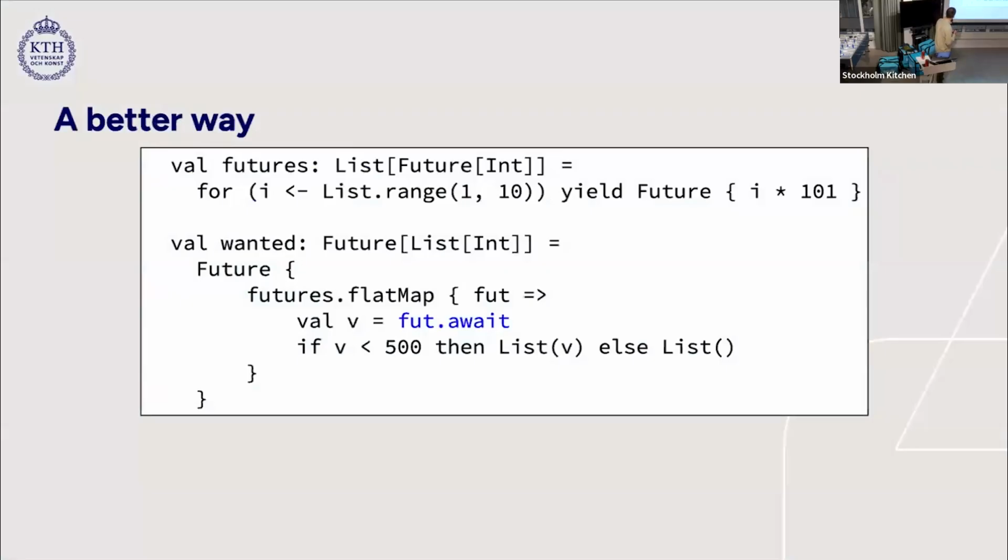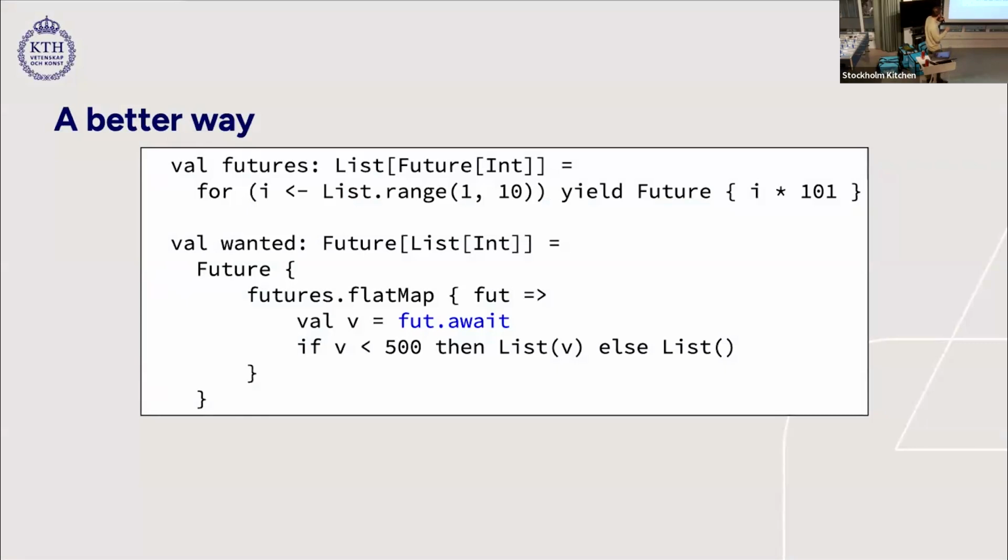And the better way, I think, would be that we could just directly create our result that we want. So if you want a future of list of int, we just create a future. And now we just need to come up with a list of int. And how do we do it? Well, we can, for instance, call flatMap on our list.